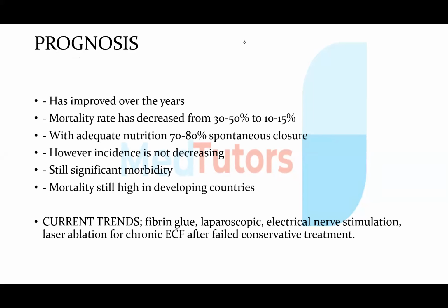Mortality rate has decreased from 30 to 50% to as low as 10 to 15%, and in some centers, as low as 5%, okay? Now, with adequate nutrition, they will achieve 70 to 80% spontaneous closure of enterocutaneous fistula.